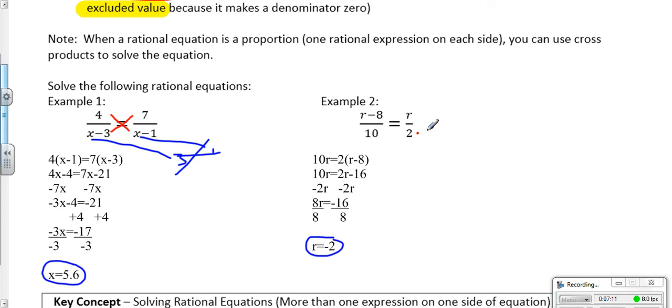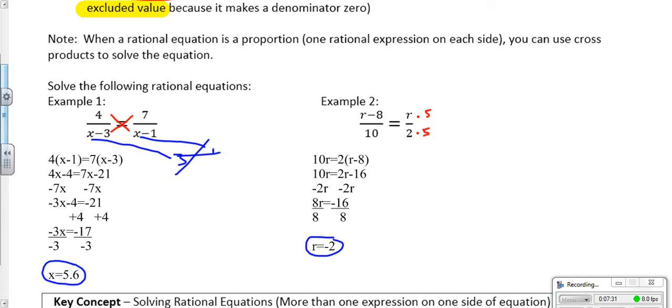That would be the least common multiple, so I'm teaching myself something here. I was going too fast. 10 is the common denominator. So I'd have to take this one times 5 to get 10, and this one times 5 to make sure that it's a proportional fraction.